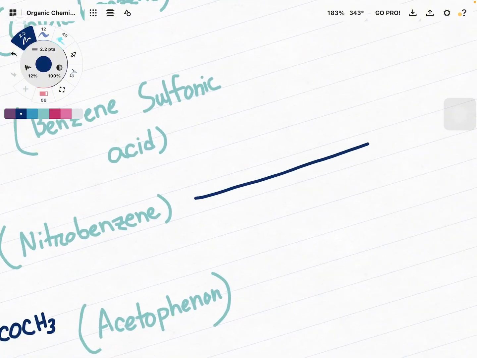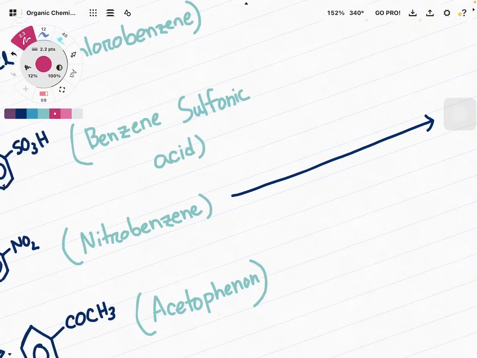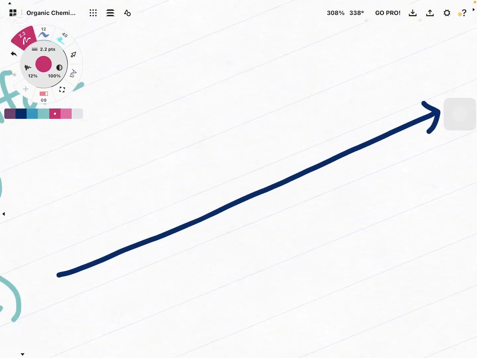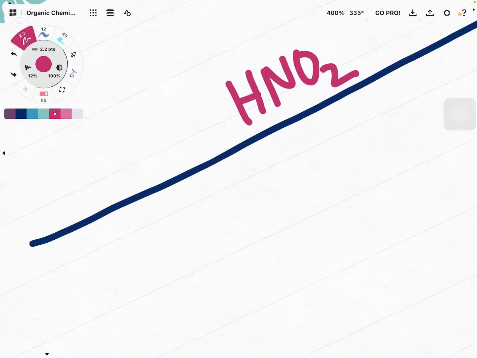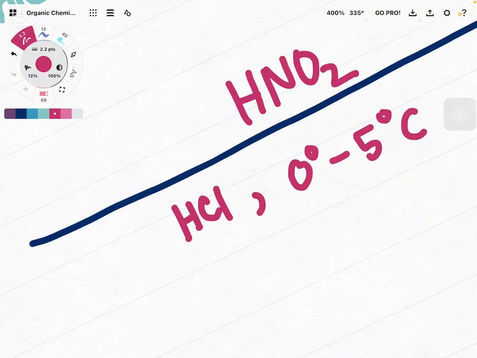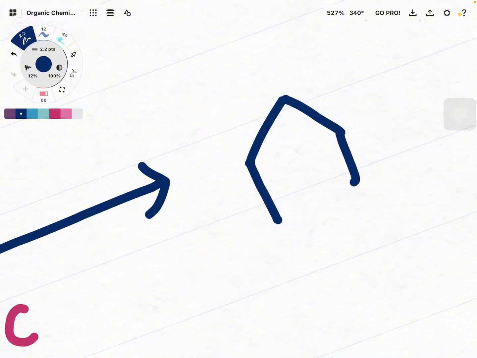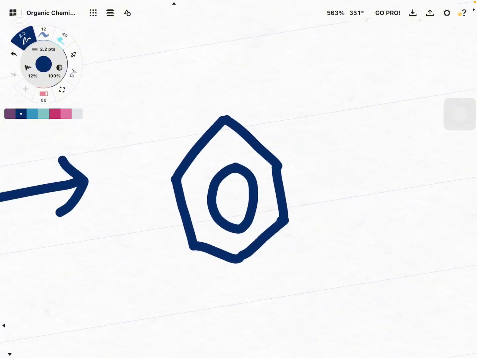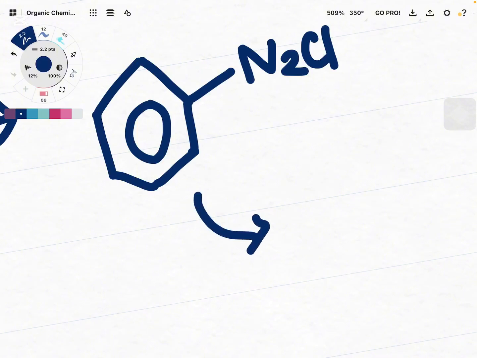To make diazonium salt, we will have to take nitrobenzene and react it with nitrous acid with HCl at 0 to 5 degrees Celsius. It will give us diazonium salt.